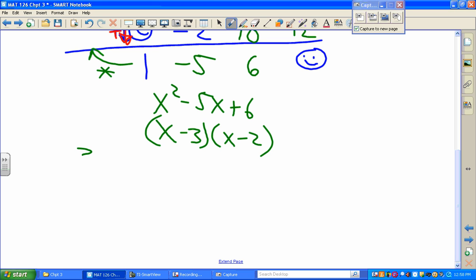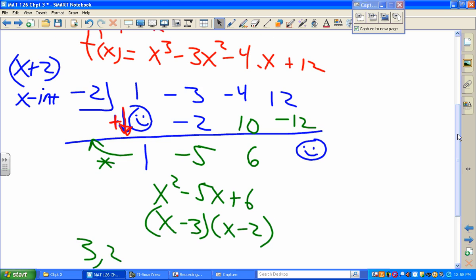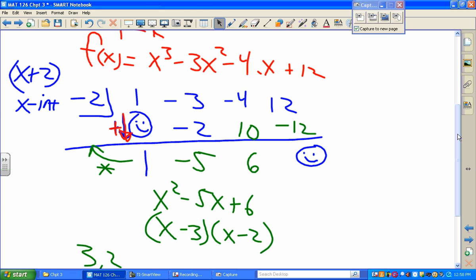So the other two zeros are 3 and 2. Yes, you can graph it out. The problem with graphing it out is synthetic division gives you all the roots, complex and real. Graphing only gives you real roots, not complex. Just an FYI for future reference.